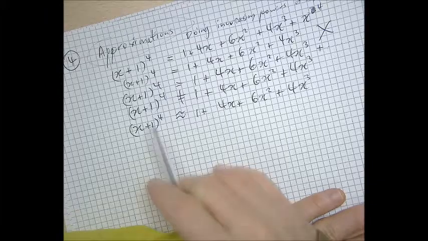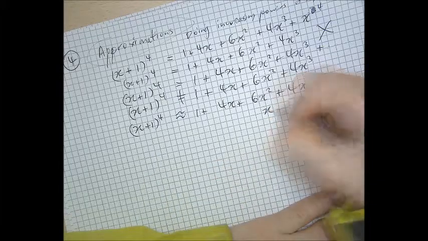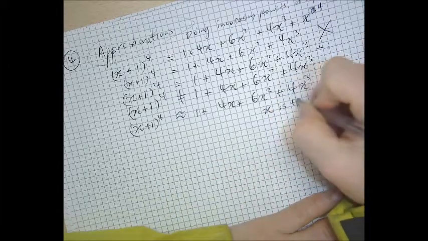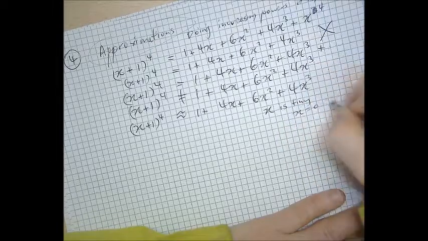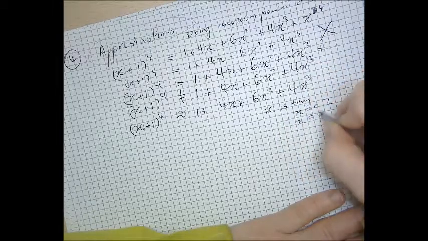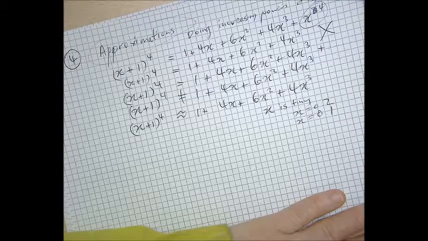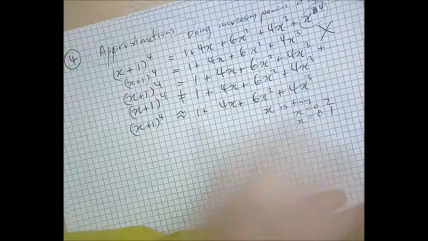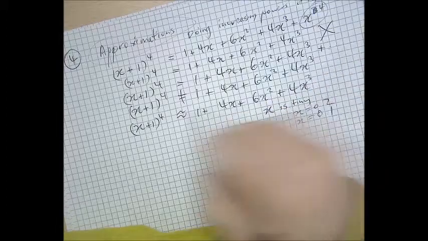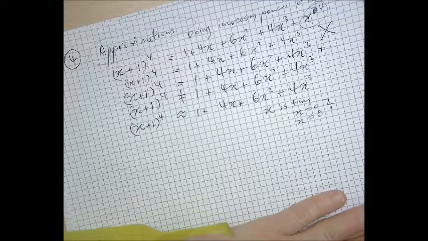Well, the point is sometimes you can. If x is tiny, so like 0.2 or 0.1 or anything like that, then this will be tiny, because it'll be 0.1 times 0.1 times 0.1 times 0.1. And therefore you can leave it off, because it will make hardly any difference, and therefore when you leave it off you can use an approximately equal to sign.